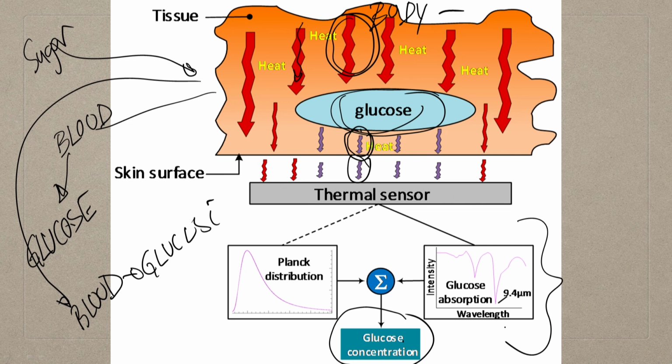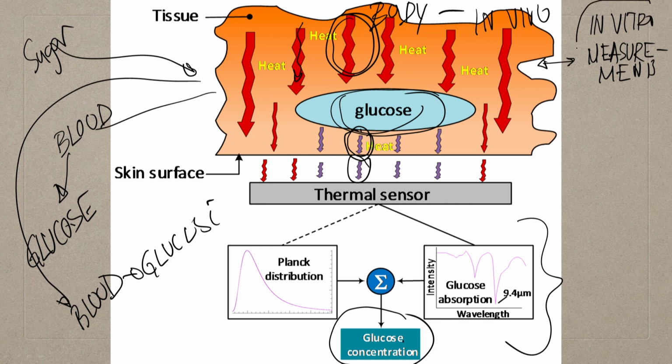So, these kinds of technologies need a lot of testing with the in vivo, in vitro measurements. When you quantify in vivo and in vitro measurements together, what you get is the deviation from the in vitro to in vivo data.